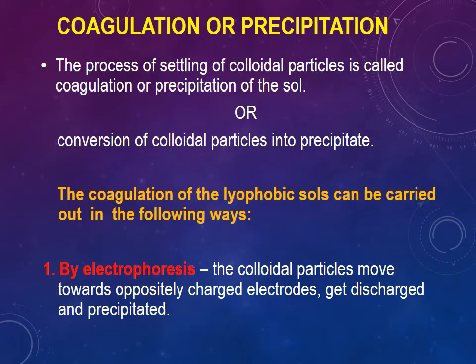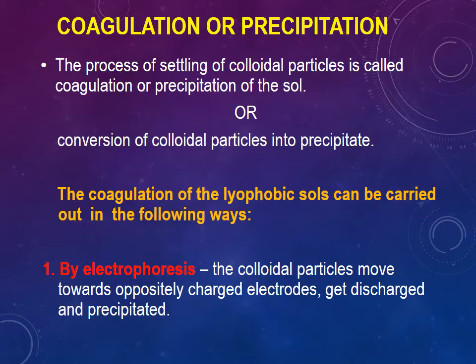Coagulation or precipitation. The process of settling of colloidal particles is called coagulation or precipitation of the sol, or conversion of colloidal particles into precipitate is also called coagulation. The coagulation of lyophobic sols can be carried out in the following ways.